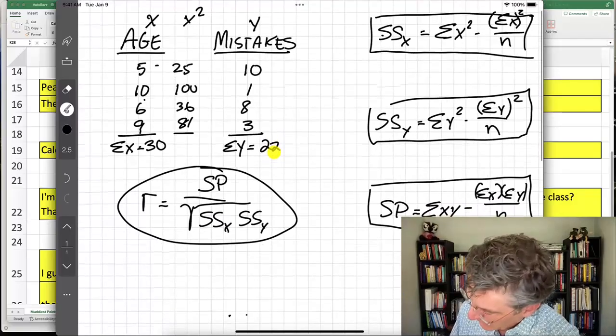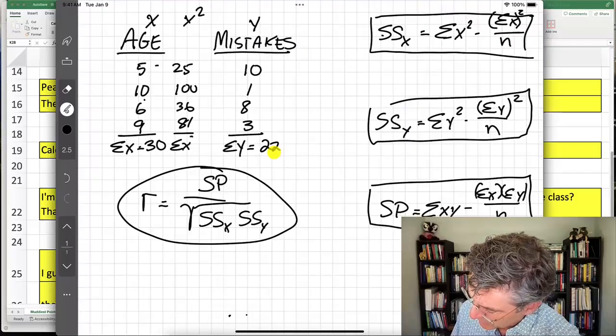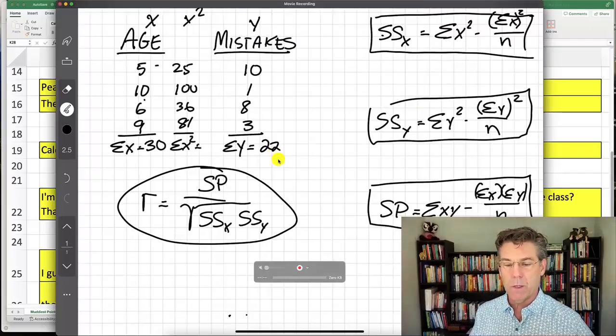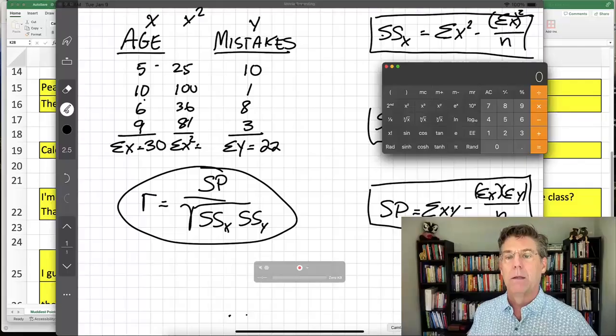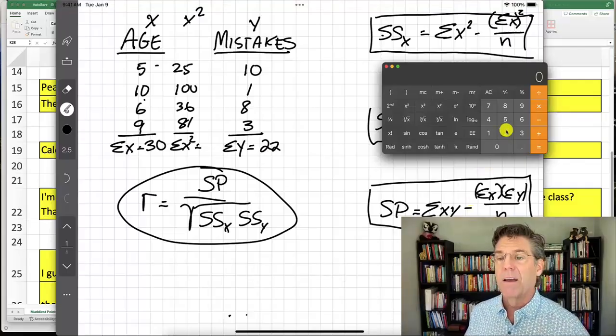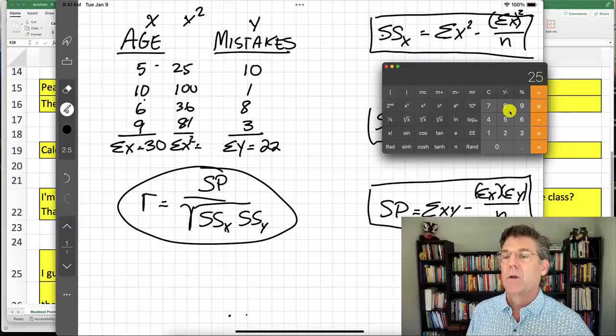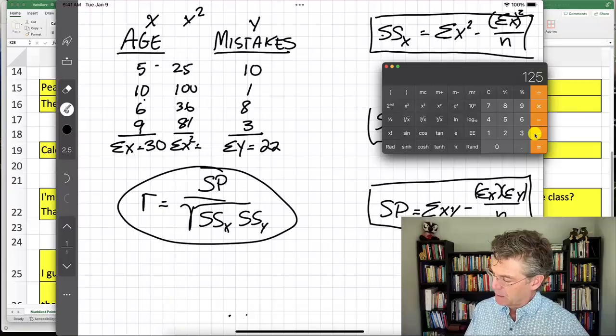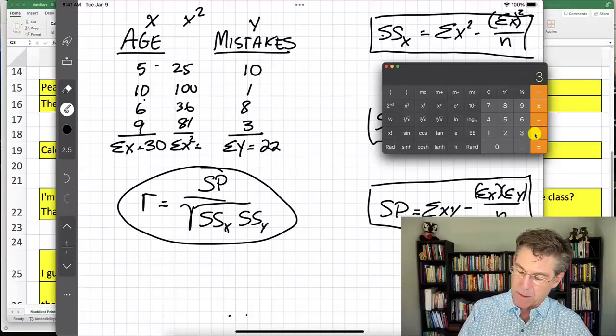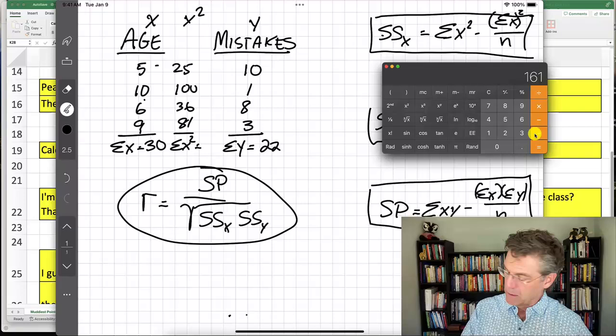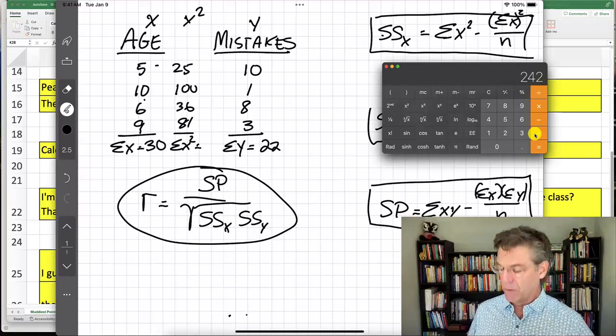All right, so when I add that up, that is a sum of x squared. Let's pull up a calculator here. So 25 plus 100 plus 36 plus 81 equals 242.